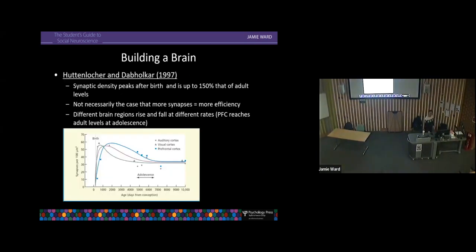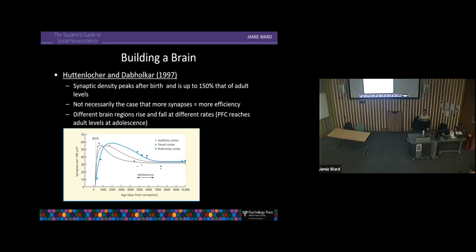As I mentioned, to some extent, the time you're born is the peak of your brain, both in terms of the number of neurons, but also in terms of the number of synapses. Here on the x-axis is your age from conception, and then you've got your number of synapses per volume. Again, this is measured with MRI.